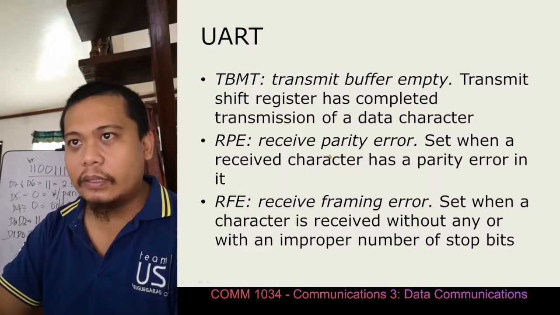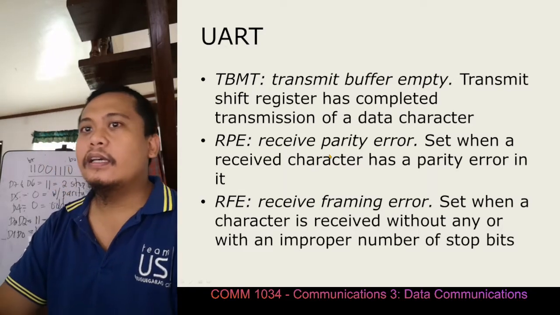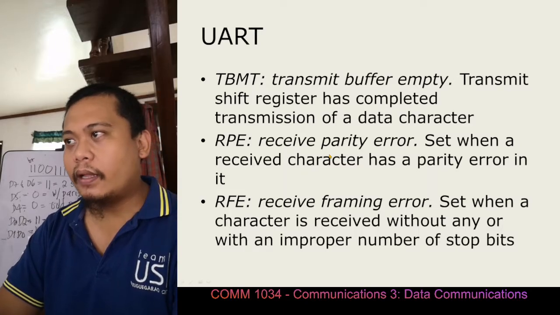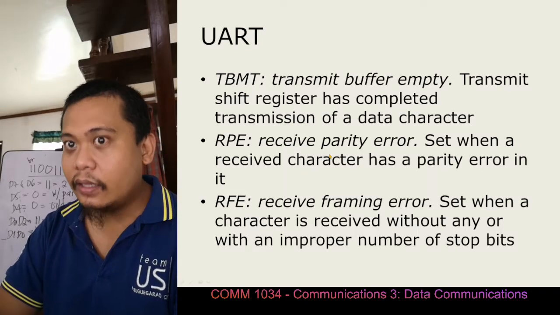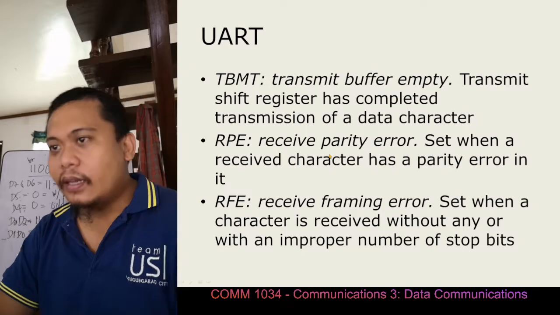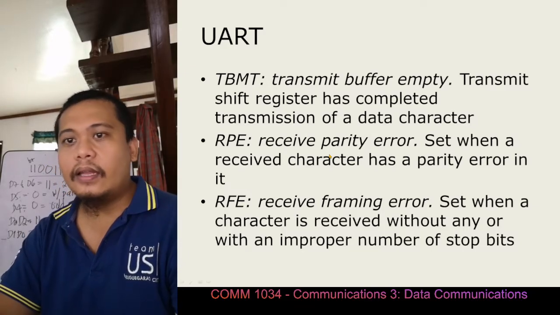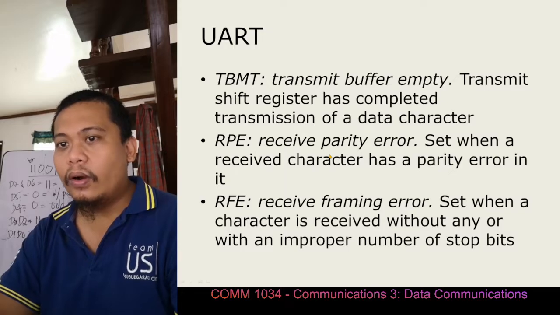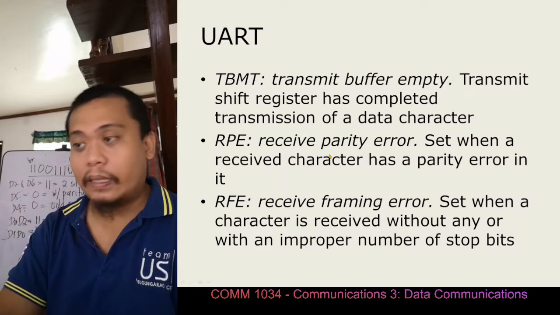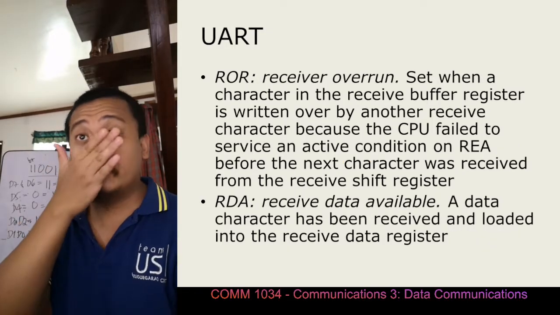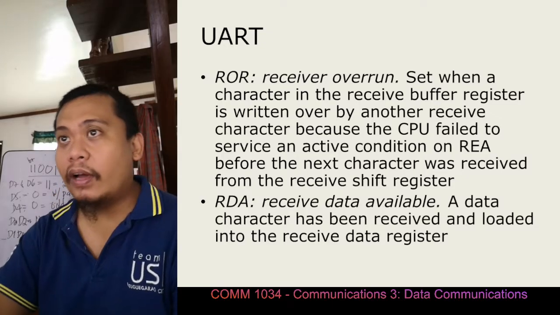So, ito yung mga errors naman. Receive parity error. Set when a receive character has a parity error in it. RFE, receive framing error. Set when the character is received without any or with an improper number of stop bits. ROR naman, receive overrun.